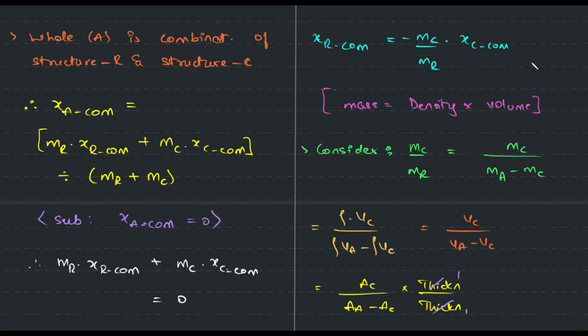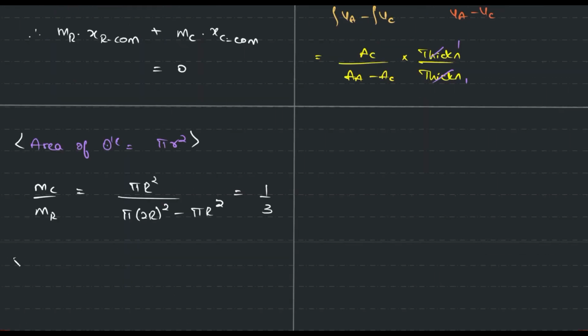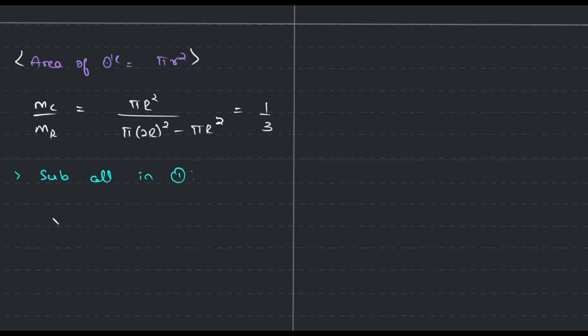X com is, I'll call this as 1, substituting all of this in 1. Remember, we are trying to figure out x. So minus of 1 by 3. This is minus r. So this is plus r by 3.